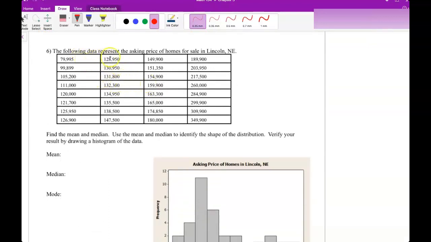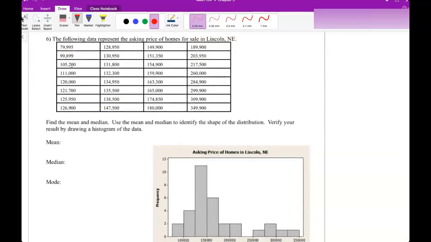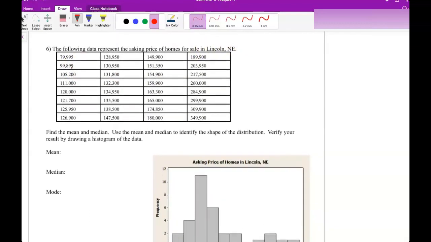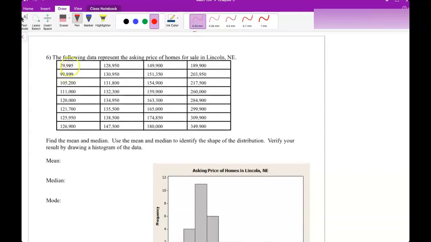Here is an example: the following data represent the asking price of homes for sale in Lincoln. So we have all these numbers, and these are in order.